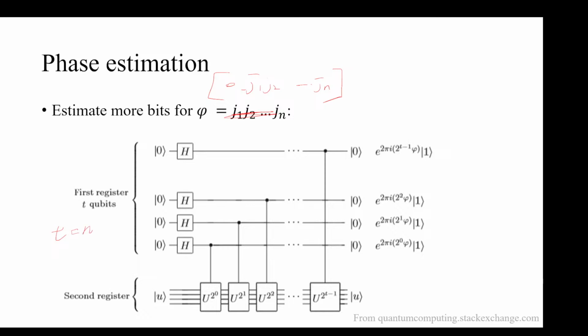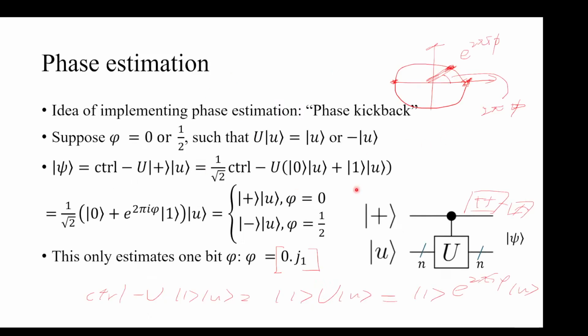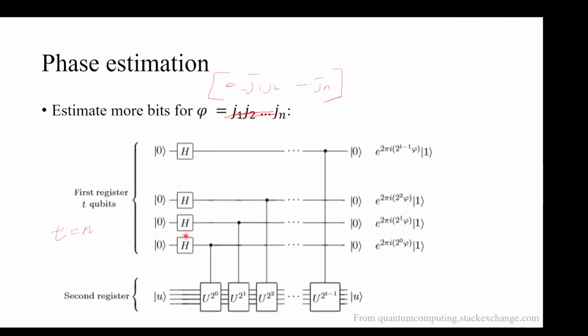So now it's a bit funny. Okay, and so we have t equal to n qubits here that are going to take the kickback phase. Each one of them is initialized to a plus state, so kind of like this. You start with 0 and apply Hadamard, so each one of them is a plus state. And then you do phase kickback with different powers of u.